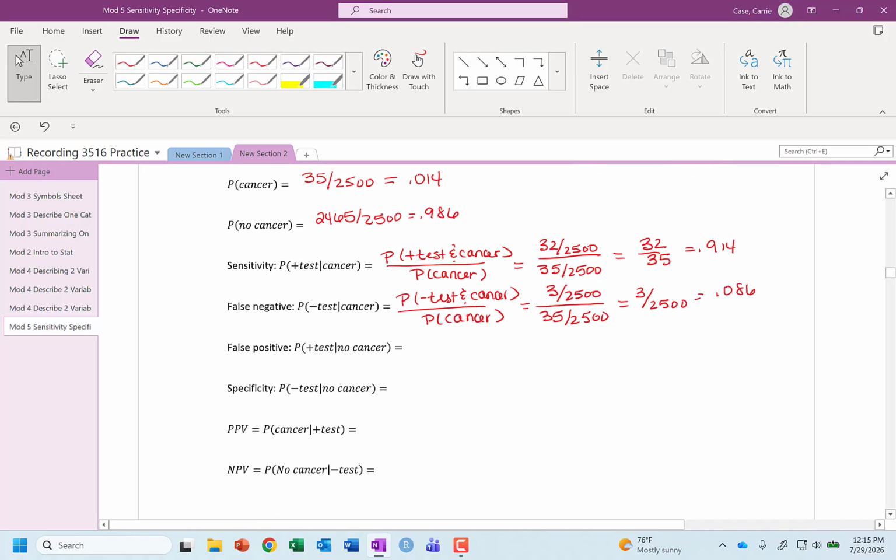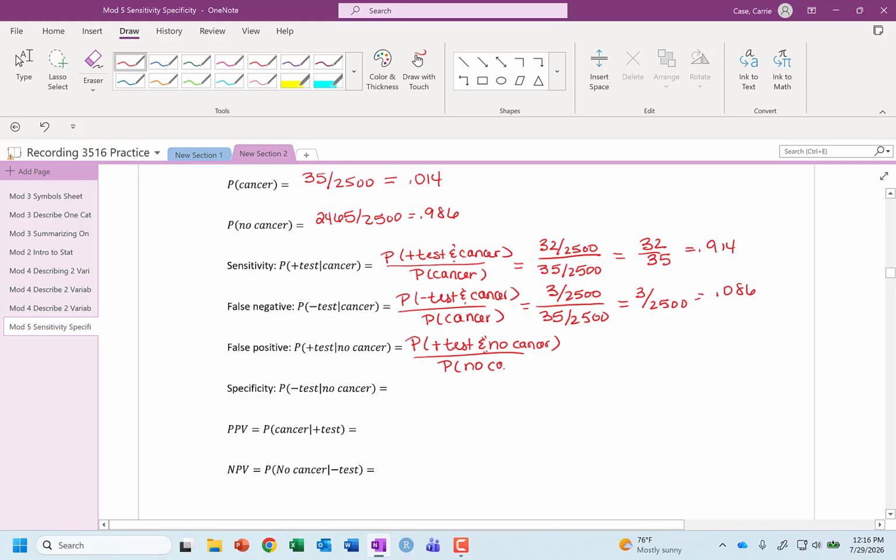Then the false positive rate is the proportion of people who got a positive test result but did not have cancer. So again, same math here, you guys. Probability of having a positive test result and having no cancer. Whoops, let me rewrite that. Positive test result and no cancer. But this time we're dividing by no cancer.